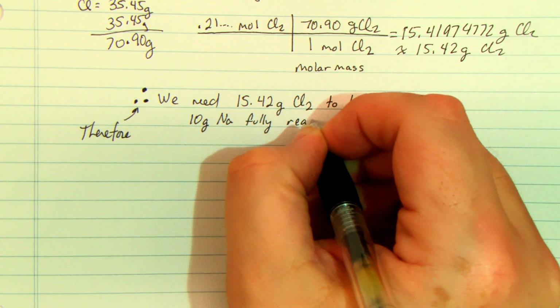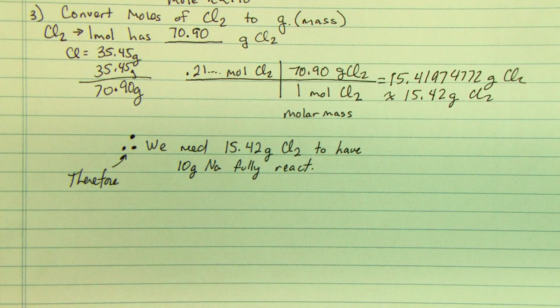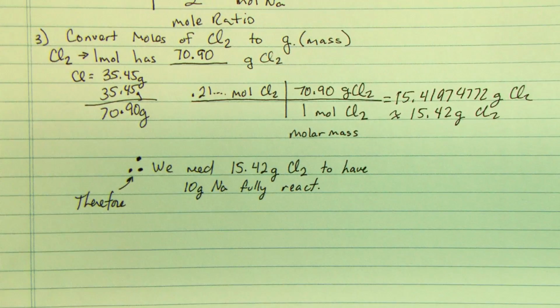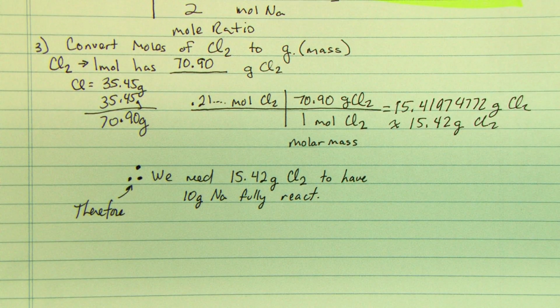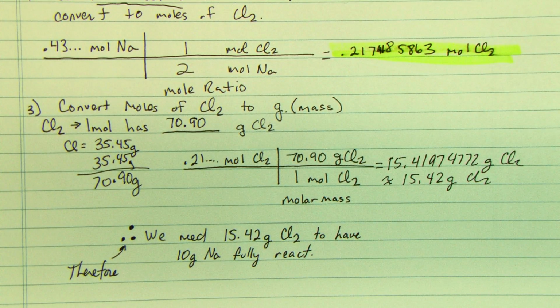And now, that's what stoichiometry does for you. You go through this 3-step process where you start with an amount of reactant, you convert it to moles, then you use your mole ratio to figure out how many moles of the other substance you need. And then you use molar mass again.